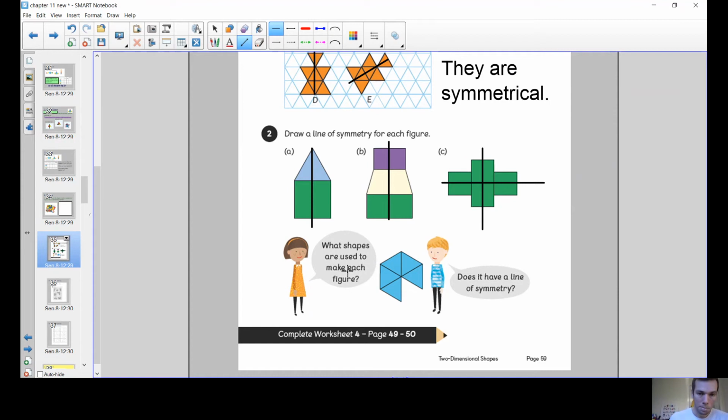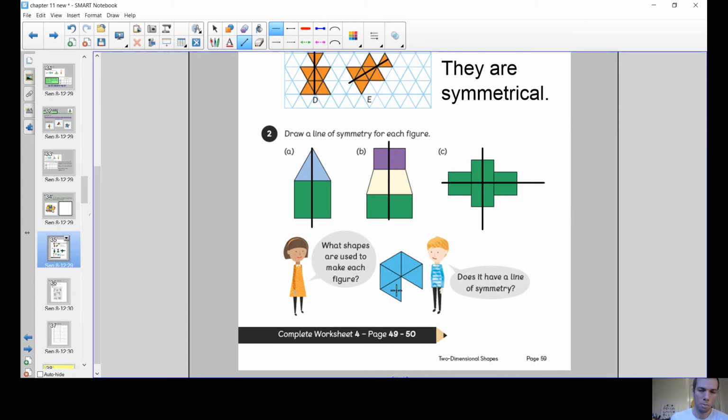What shapes are used to make each figure? This one has a square and a triangle. We have a rectangle, a trapezium in the middle, and a rectangle. Or was that 2 squares? And this one is made up of 4 squares linked together. How about our blue shape down here?